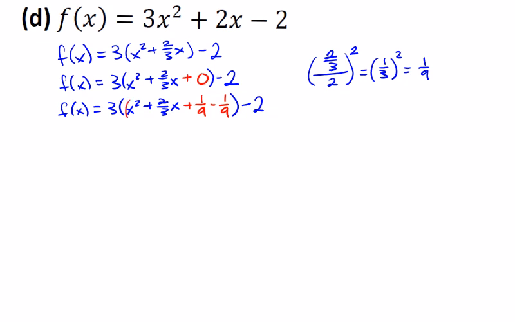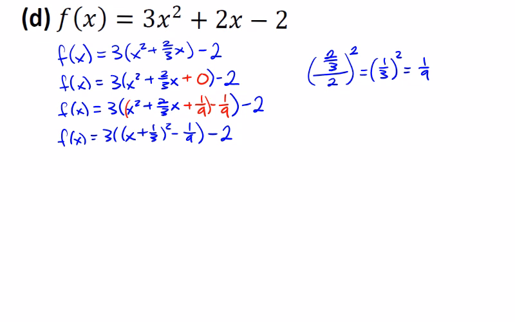We'll regroup together the first three terms, creating a perfect square trinomial, which is going to factor into x plus 1/3 squared. We still have the minus 1/9 from the creative 0 and the subtraction of 2 there at the end. So we're almost done.